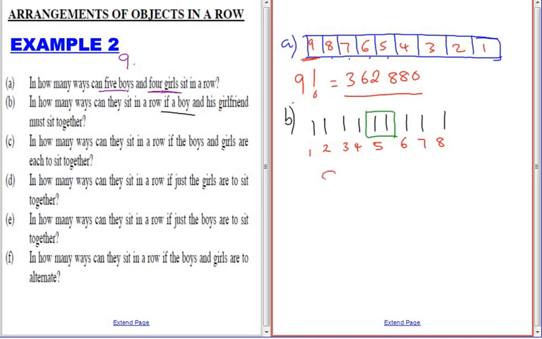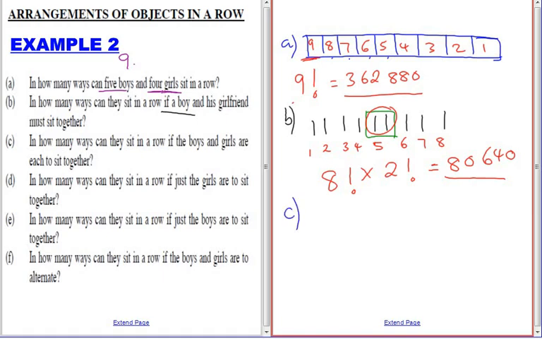So how do we arrange 8 objects? That's 8 factorial ways. But the thing is, there are these 2 that are together, and they have 2 factorial ways in which you can arrange them, like I've already explained. So this answer will be 80,640. That will be the solution for that. Okay, I hope you're grasping the concept.